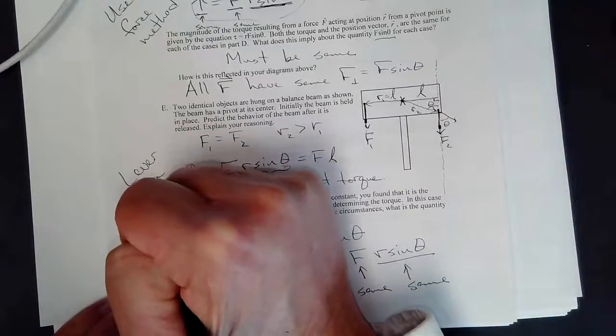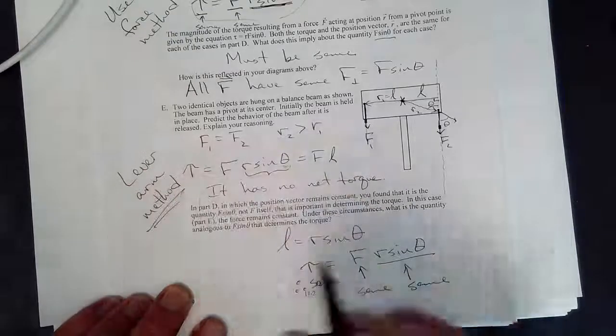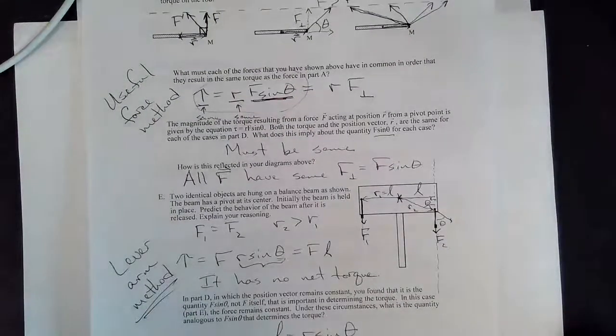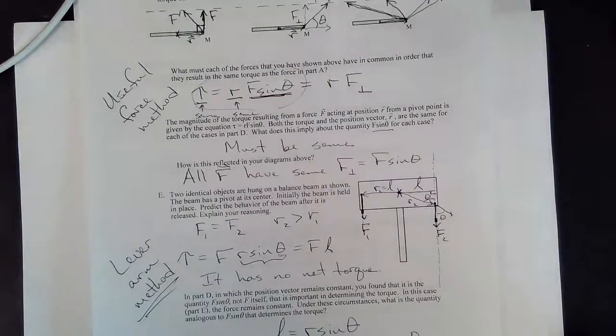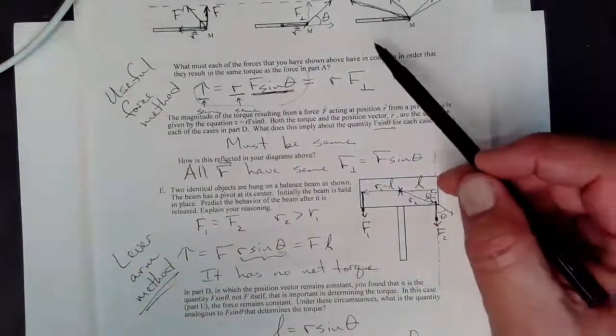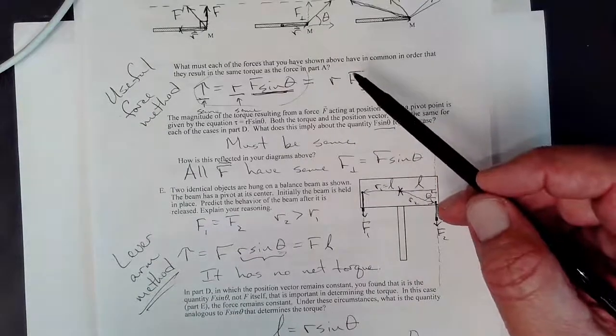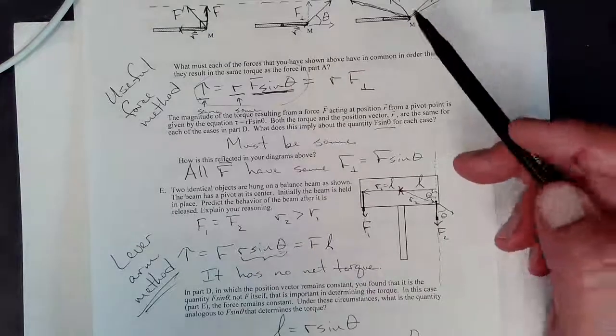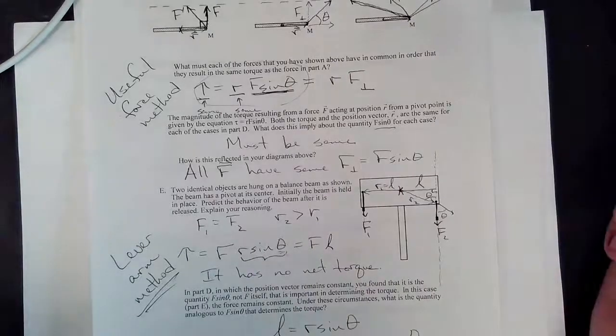Well, great, Greg. You just gave me two methods in addition to the brute force method for solving a problem I really didn't want to solve in the first place. Why do I need so many methods? Well, you're going to find that, first of all, in 95% of the problems, this angle theta is 90 degrees, and it's just a force times a distance, where the force and the distance are perpendicular to each other.